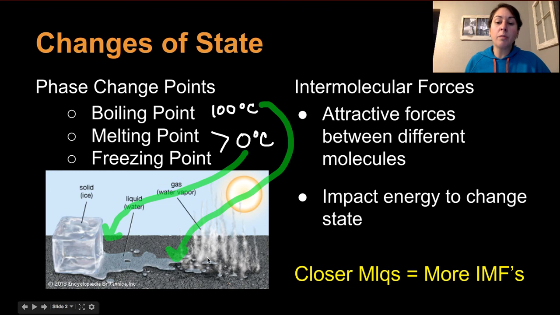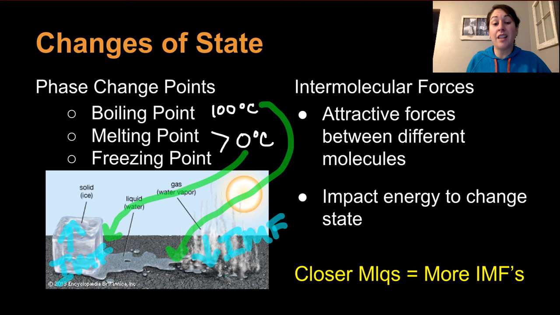But the closer those molecules, the more intermolecular forces. And so technically, in most cases, and I'll say in most cases because we'll see some variance from this, we should normally see that the highest amount of intermolecular forces happen with ice, and definitely the lowest amount of intermolecular forces will be with gases.